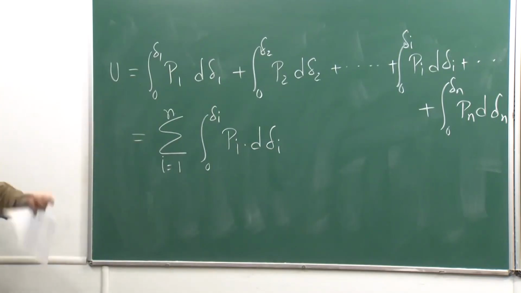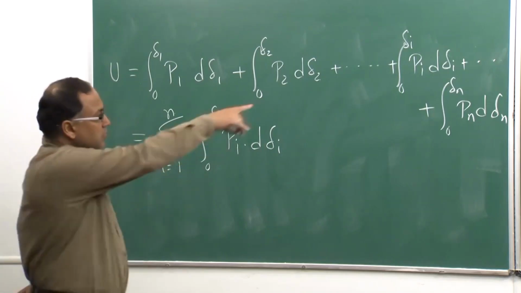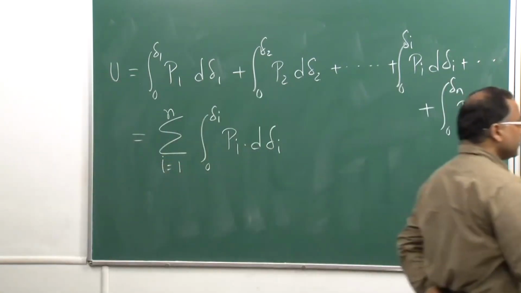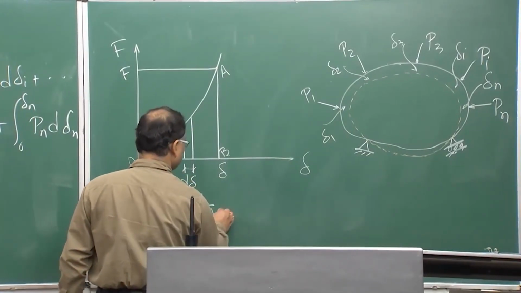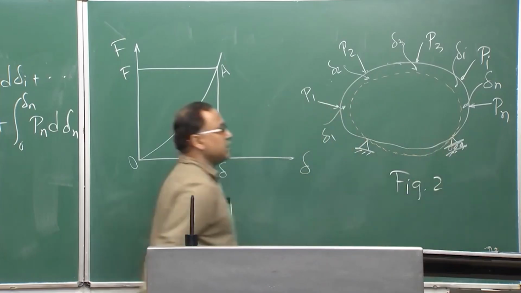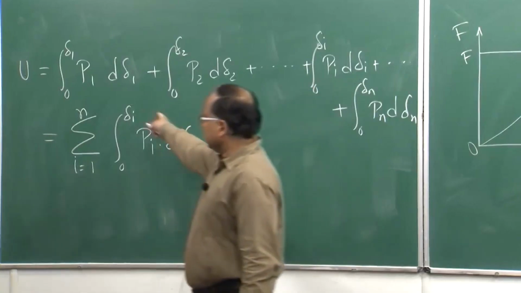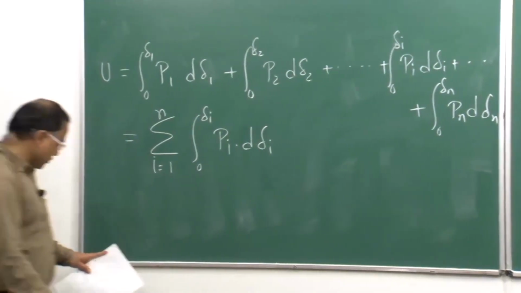So, this is the total potential energy of the conservative system shown here. If I say this is my figure 1 and this is my figure 2, then whatever is shown in figure 2, the potential energy for that system is given by this, agreed. So, there is no issue.